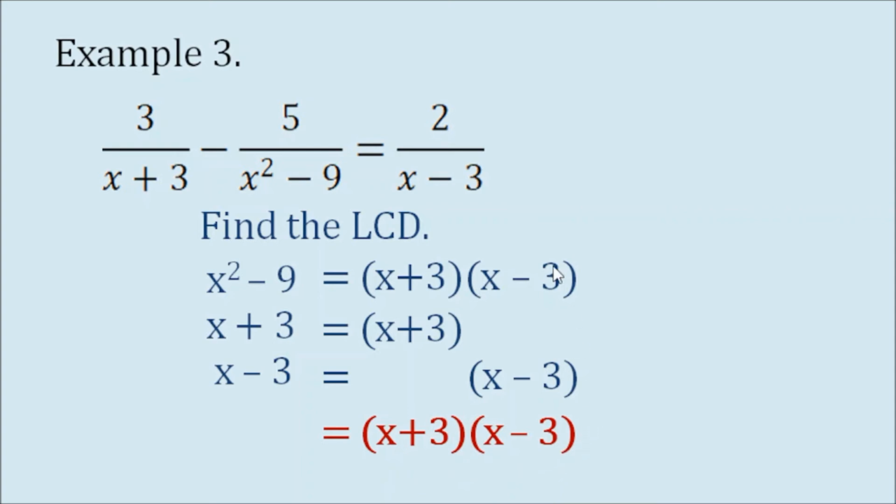So our next step, we are going to multiply our equation by the least common denominator. So again, the purpose is to get rid of denominators, and we are expecting that after this step we don't have denominators anymore.